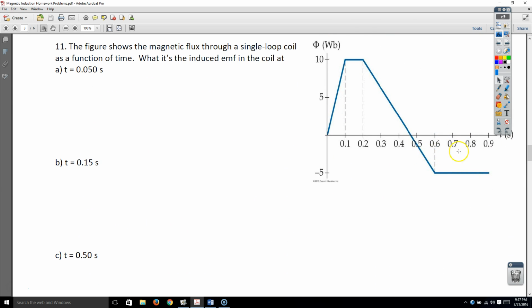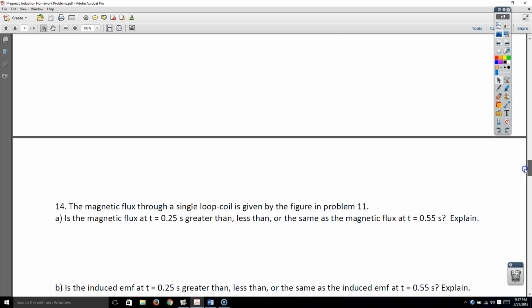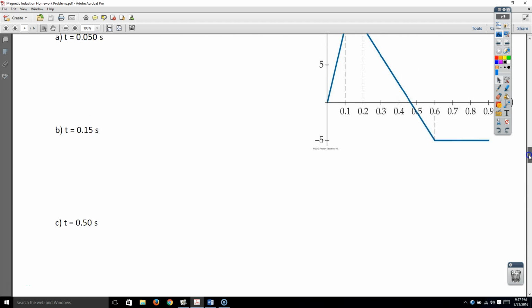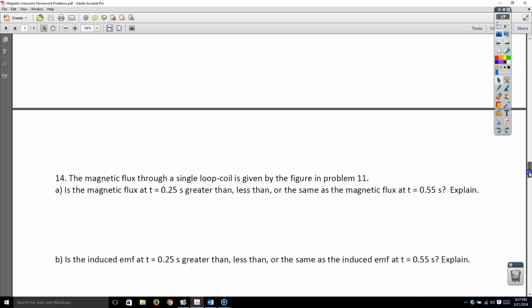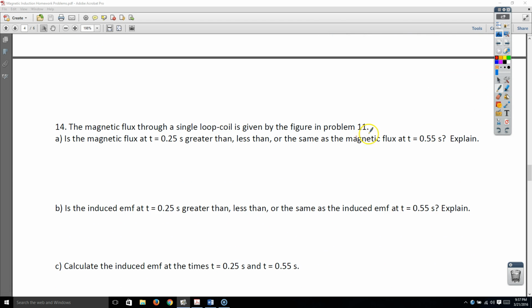So here is 0.55 about right there, and t equal to 0.25 is right here. So for this one, the flux here is about 8 at 0.25, and at 0.55 is about -3. So they wanted to know where it is greater, and so here we do say that it is greater.